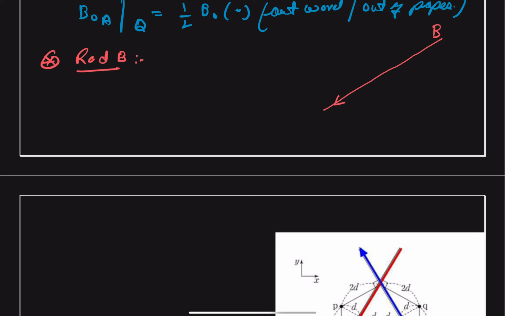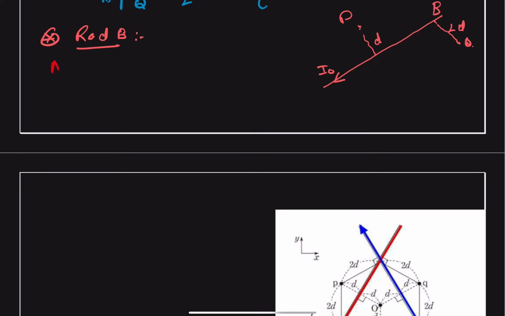And point P is somewhere here, its distance is d, and point Q is just opposite to here somewhere, and its distance is 2d. This is point Q. So we assume I naught direction to lower left.